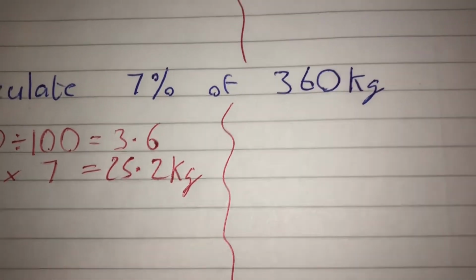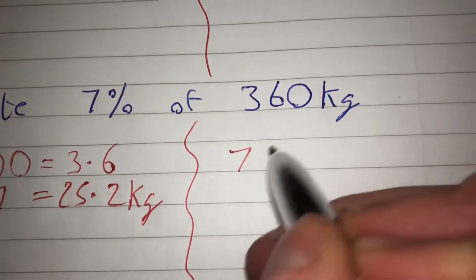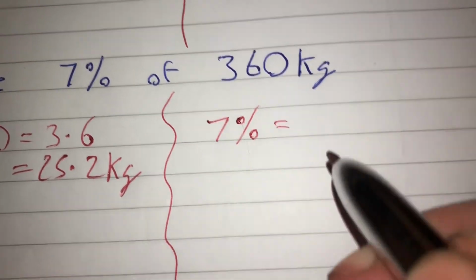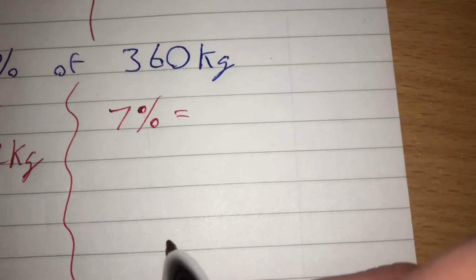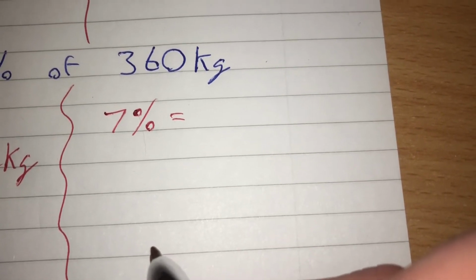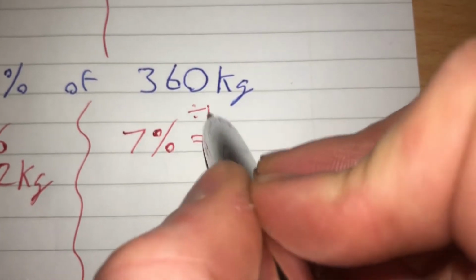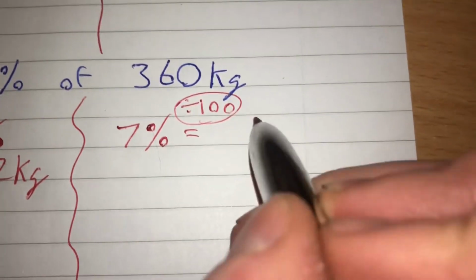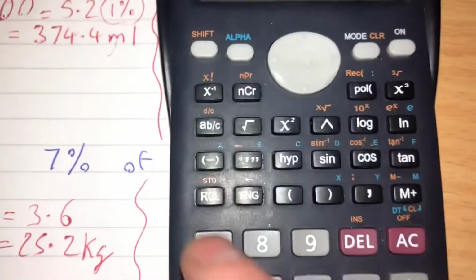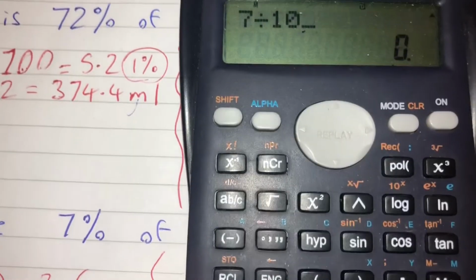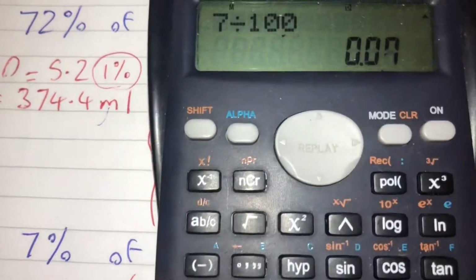Using my decimal multiplier. Now just be careful of something like this. 7%, the most common mistake is that somebody would write 0.7. 0.7 would be 70%. Okay, if you're unsure of what the decimal multiplier is, just take the percentage, divide it by 100. Just to show you, 7 divided by 100, 0.07.